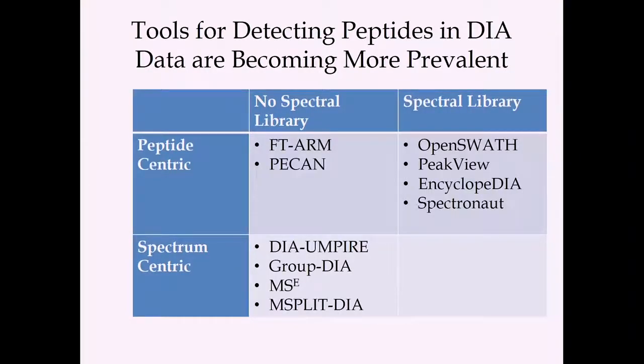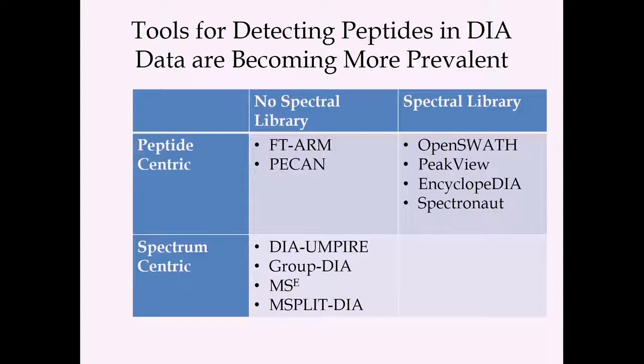I'll also point out that we're in a very interesting time. There started off to be only a few tools initially to get going, and that is, of course, things like OpenSWATH, PeakView, EncyclopeDIA, Spectronaut, and Skyline, of course. I'll talk a little bit more about Skyline in a second. And then with no spectrum library, there are now two tools out. We have a paper on Pecan, which I believe is accepted.